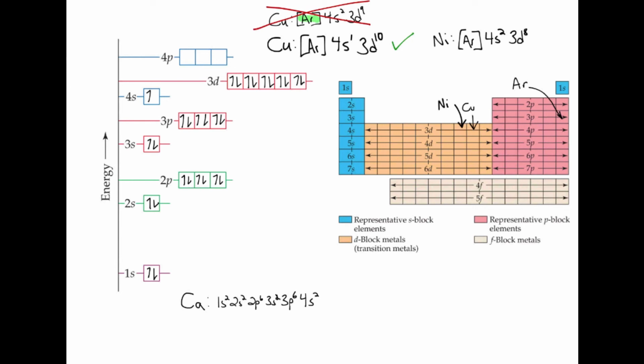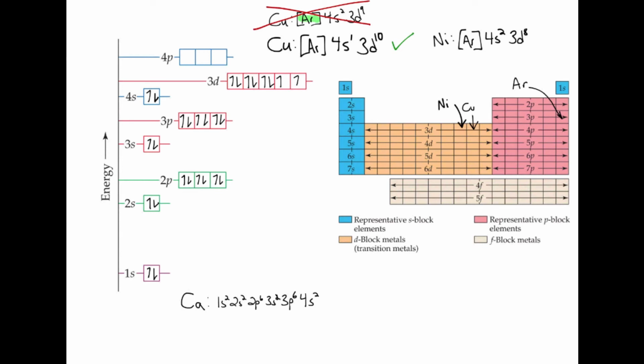Now the reason is, and let's actually talk about nickel over here in our diagram. So let's remove another electron because nickel has one less electron than copper. In this particular state, it's better to keep our electron with the 4s2, and let's actually remove this one here. Okay, so this would be our 4s2 3d8 state.